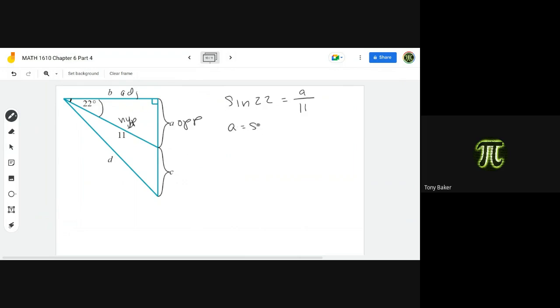Sine of 22 equals A over 11. So A equals 11 times sine of 22.